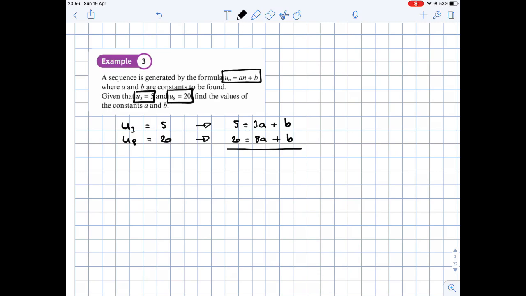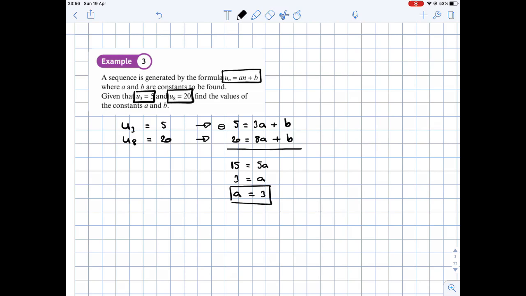Subtracting the top one from the bottom, I get 15 is equal to 5a, and the b's cancel. Dividing both sides by 5, I get a to equal 3.